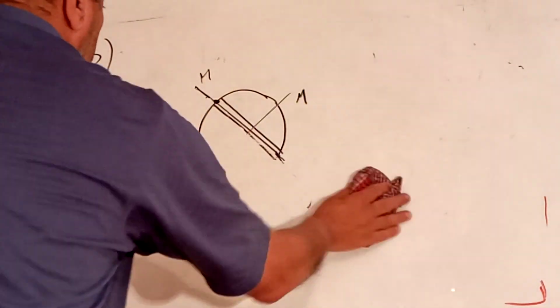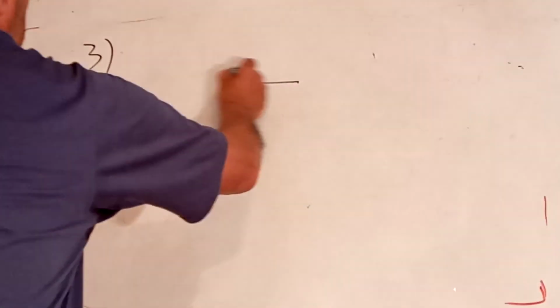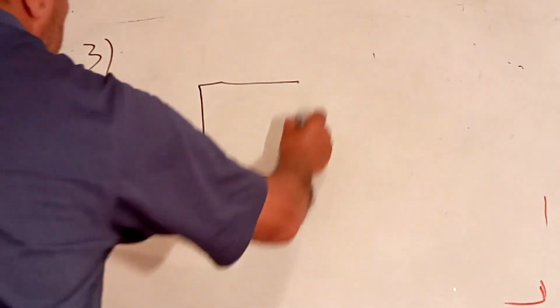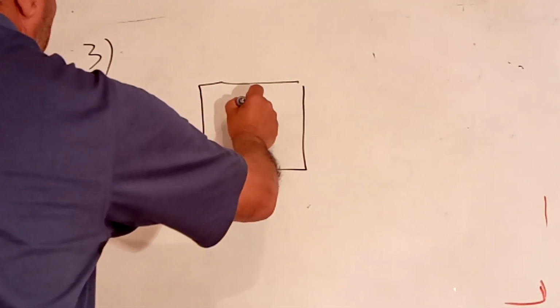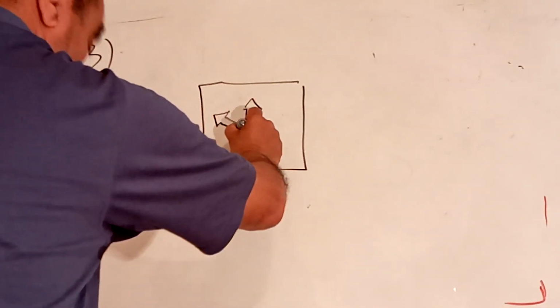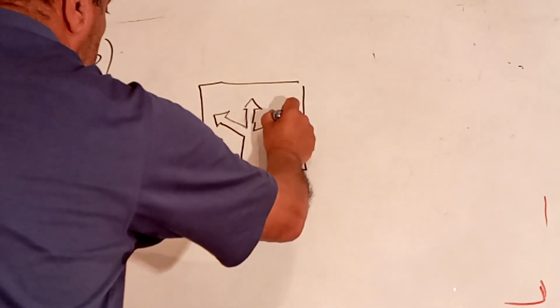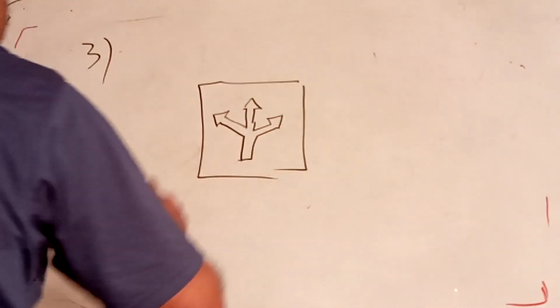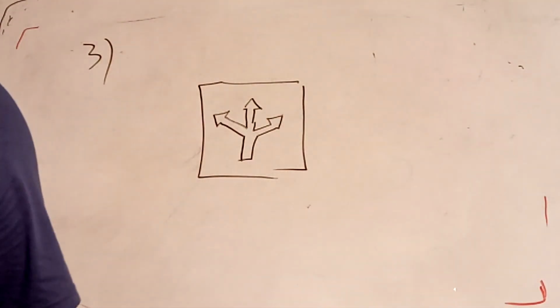How about the other one, which is next? You can see that it looks like this. This one has only one line of symmetry.